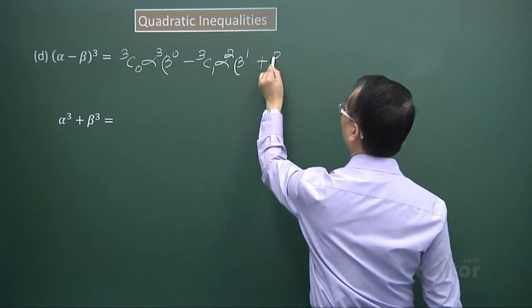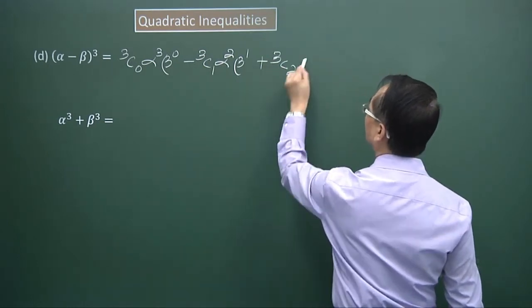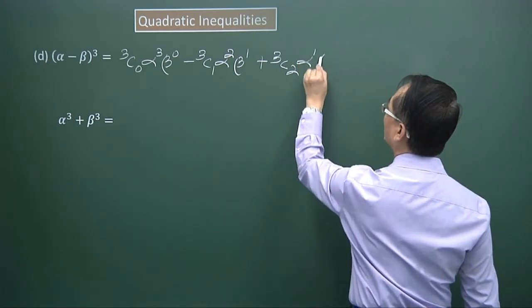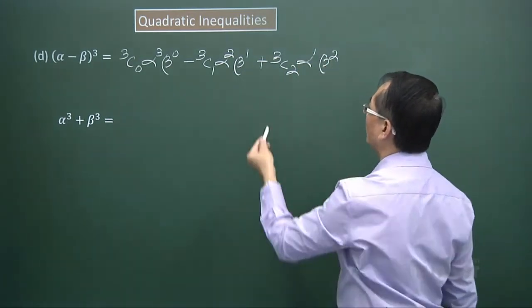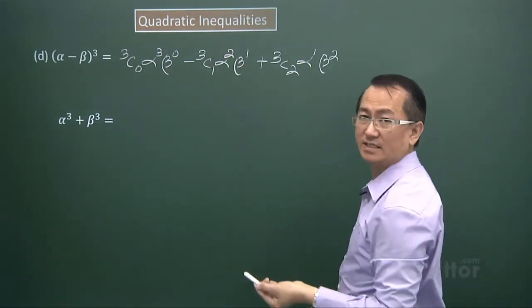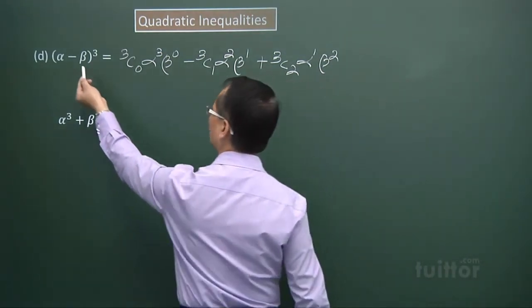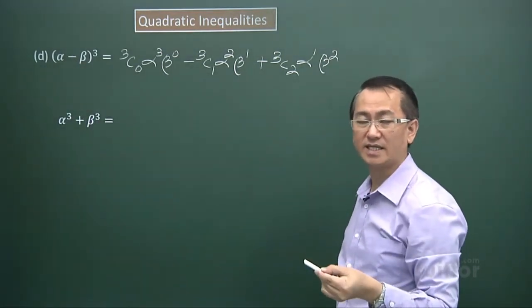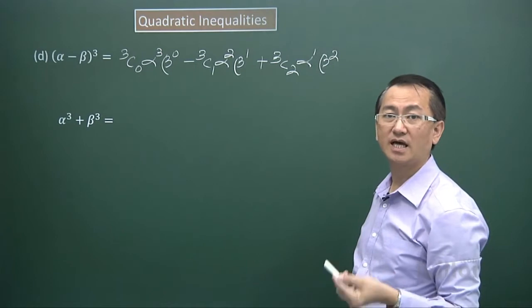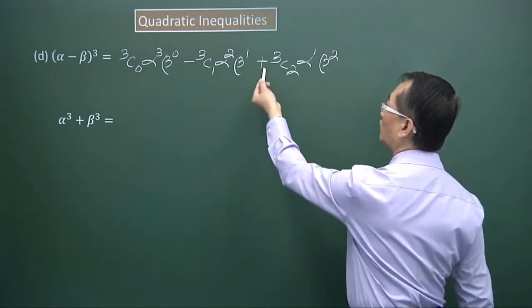So I have 3C2 alpha to the power of 1 beta squared. Why this is possible simply is this. The second term is negative beta. If I square the negative beta, I will have beta squared. So that will be a positive.